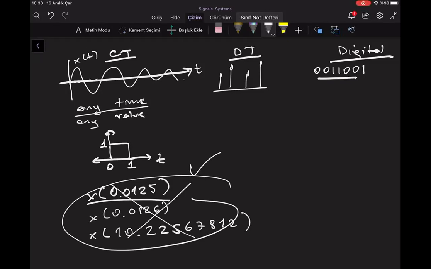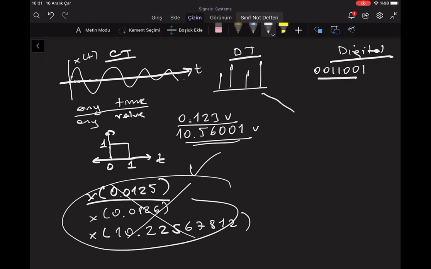Any value means it may be 0.123 volts or 10.56001 volt, okay? So I don't have any restrictions on the voltages in general, okay? So continuous time, I have information at any time, any value.